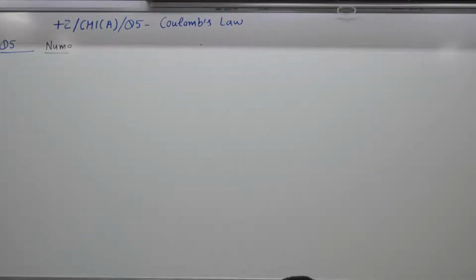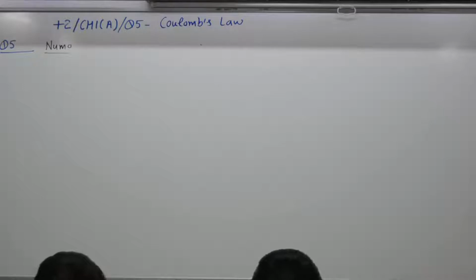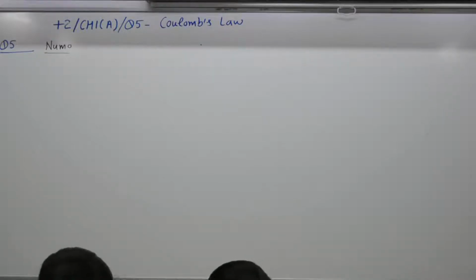Two small spheres, each of mass 10 raised to the power minus 6 kg, are suspended from a point by silk thread 50 centimeter long. They are equally charged and repel each other to a distance 20 centimeter apart. Calculate charge on each. Take G is equal to 9.8 meter per second square. Draw diagram.